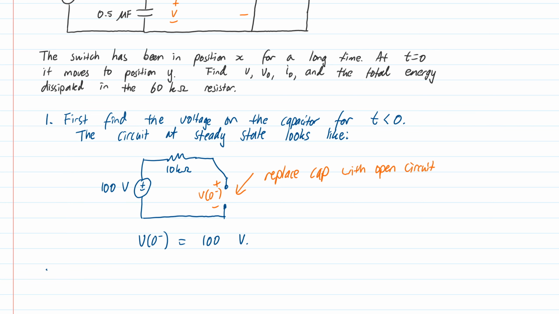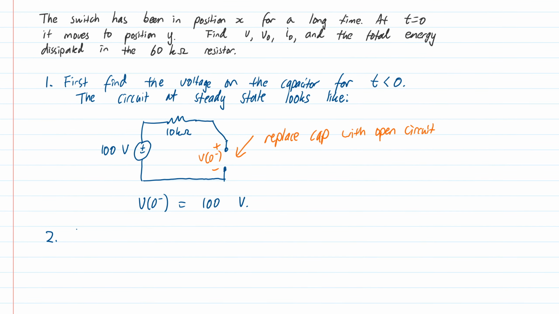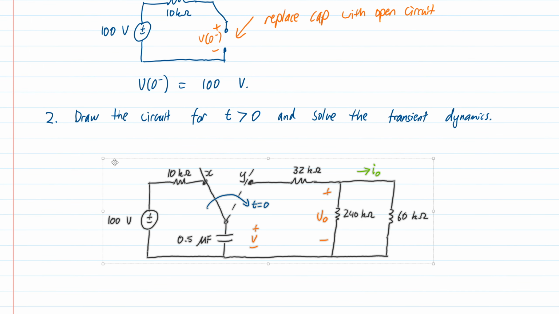Step two in this process is to draw the circuit for times greater than 0 and solve the transient dynamics. I'm going to redraw my circuit. This was my circuit here, and I will copy and paste it down here.